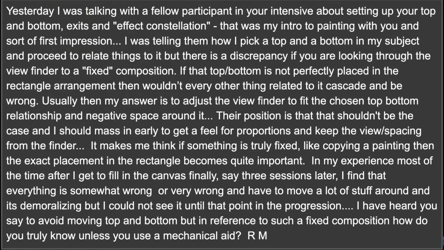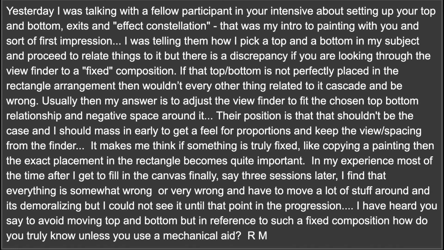So this is what RM says. Yesterday, I was talking with a fellow participant in your intensive about setting up your top and bottom exits and effect constellation. That was my intro to painting with you and sort of my first impression. I was telling them how I pick a top and bottom in my subject and proceed to relate things to it, but there's a discrepancy if you're looking through the viewfinder to a fixed composition.